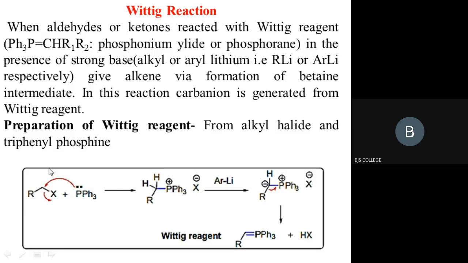So what is this reaction? This is one of the reactions by which you can convert an aldehyde or ketone into an alkene in one step. Therefore it has very much commercial importance, because in one step I can convert my aldehyde or ketone into an alkene. When an aldehyde or ketone is reacted with the Wittig reagent, which was found by Wittig, he introduced a new reagent called the Wittig reagent.